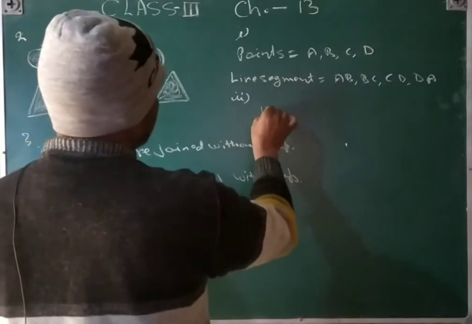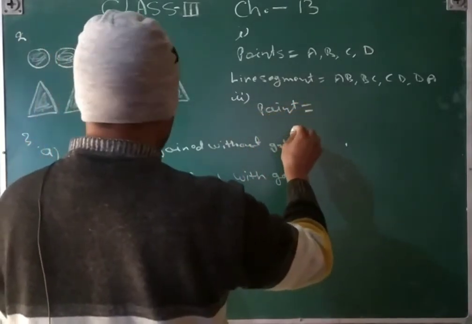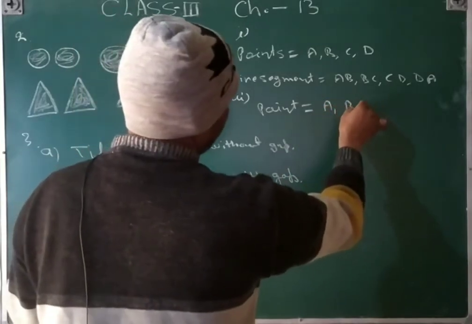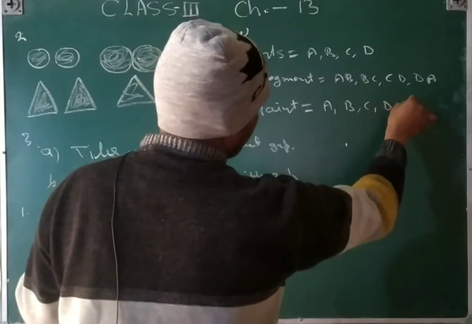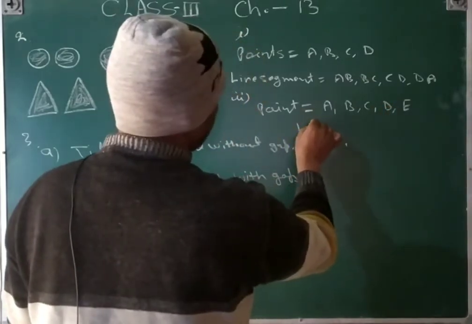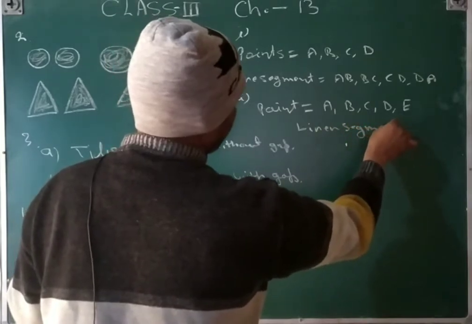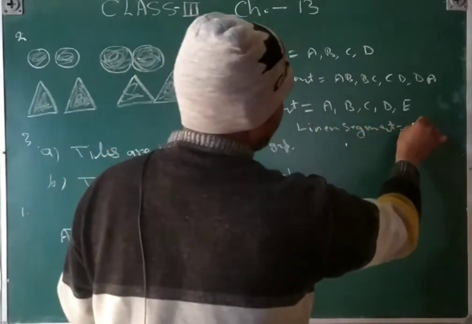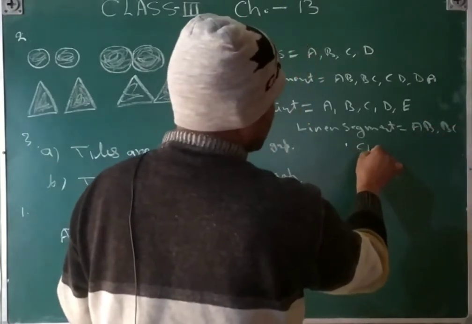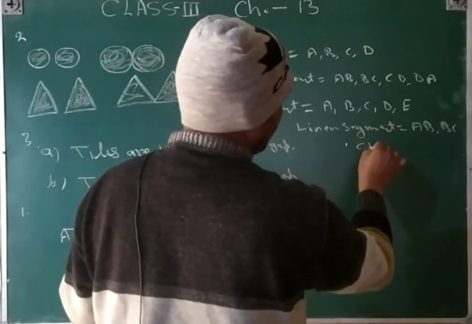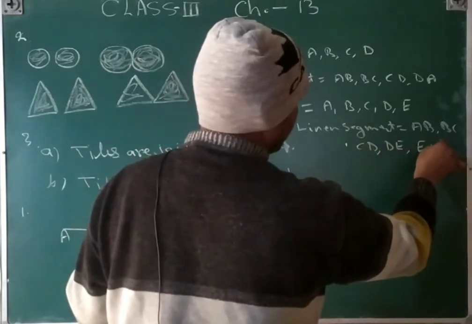Similarly, the second question: points, there are 5 points, A, B, C, D, E, and line segments are AB, BC, CD, DE and EA.